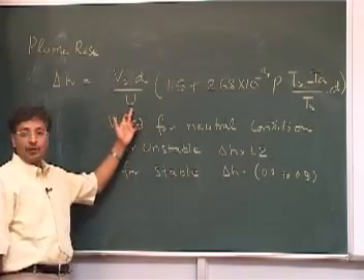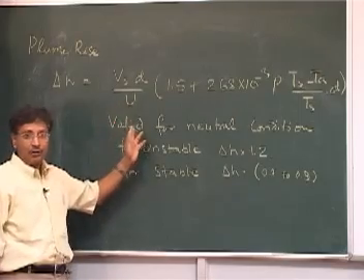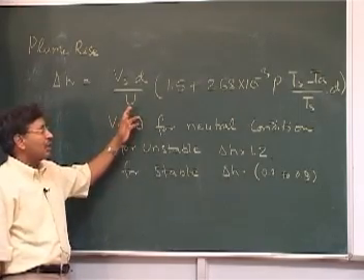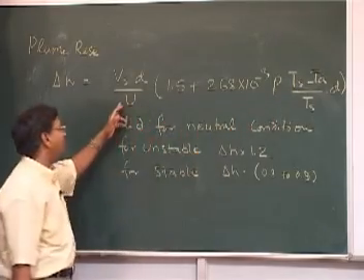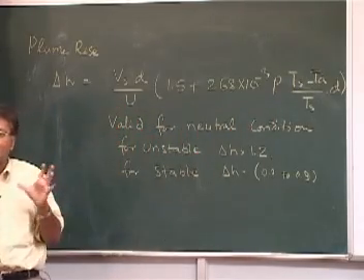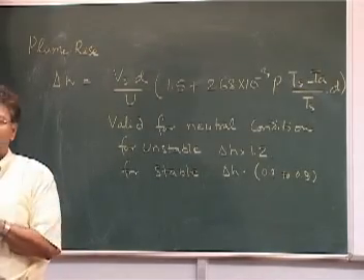Again, I have no control over the horizontal wind. But this and this variation may not be so significant, while we all know the u is the one which is highly variable. Sometimes wind speed can be very large, sometimes it can be low.